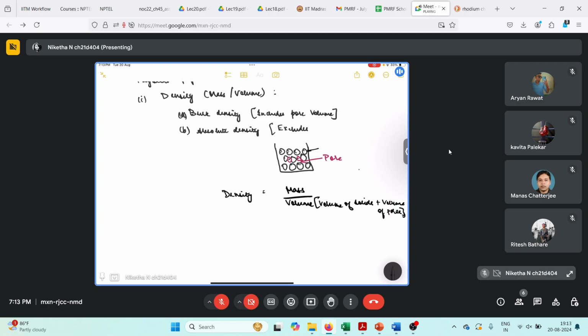So if this volume in the density formula is the sum of the volume of solids and the volume of the pore, then this is the formula for bulk density.